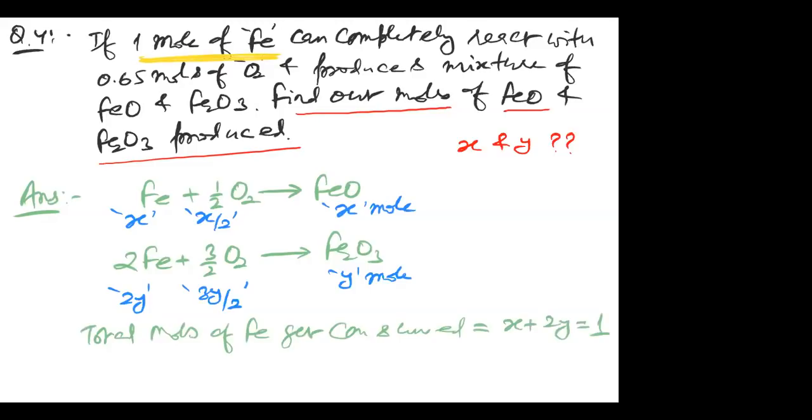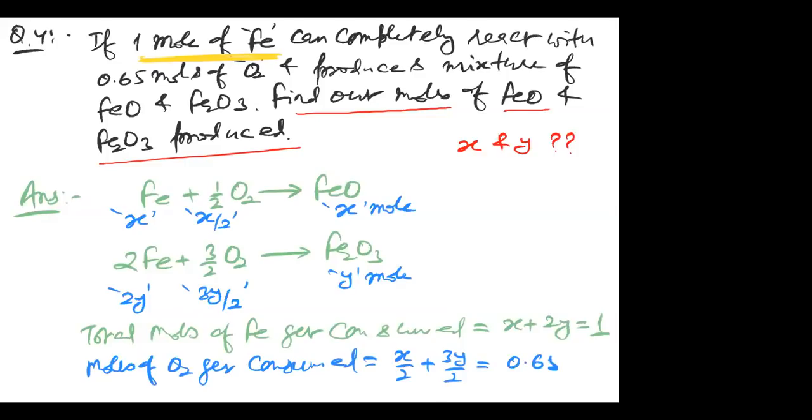Similarly, the moles of O2 consumed should be X/2 plus 3Y/2, and it should be equal to 0.65.